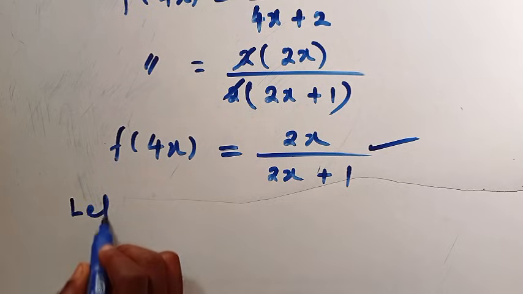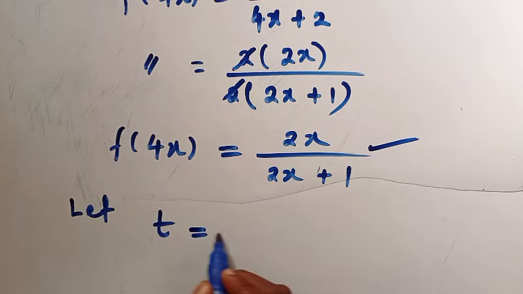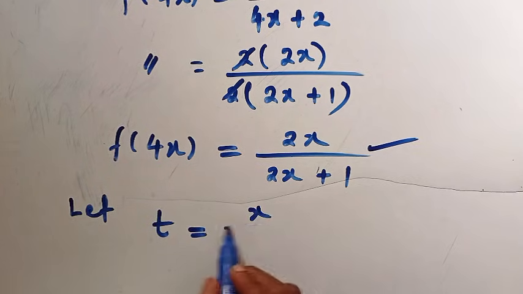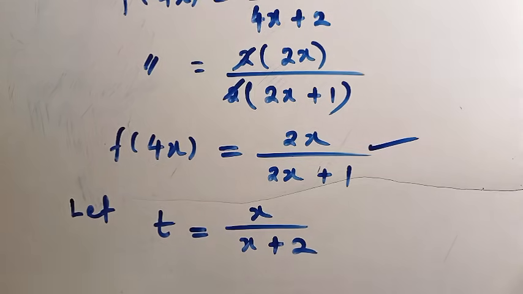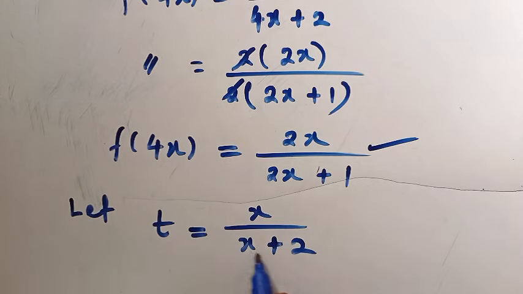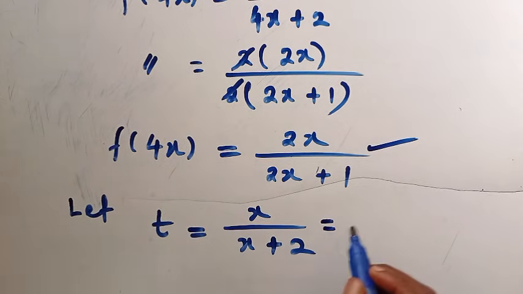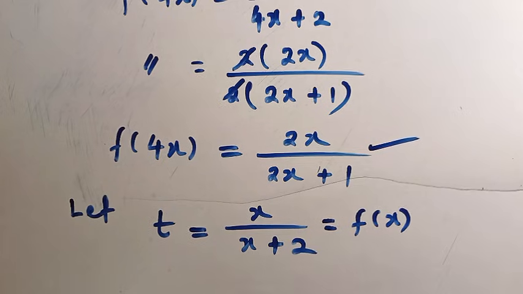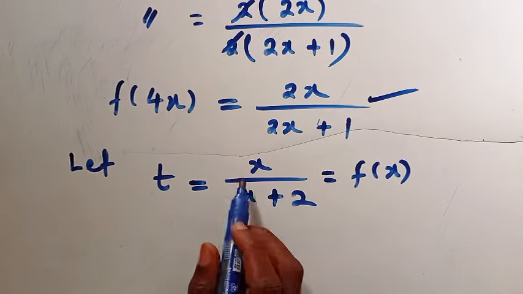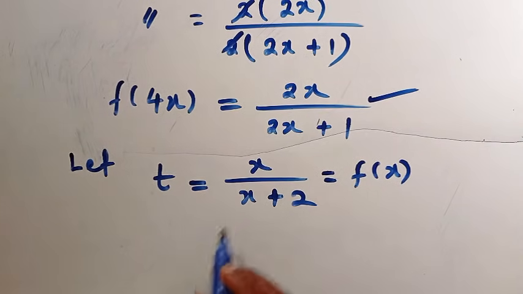Suppose I let t equal x divided by x plus 2, which is also equal to f(x). And I want to make x the subject of the formula from here.